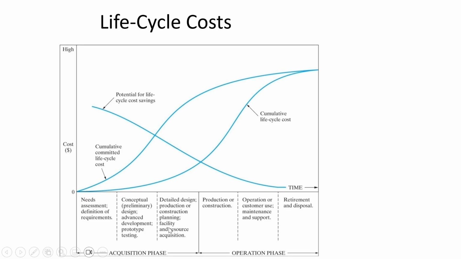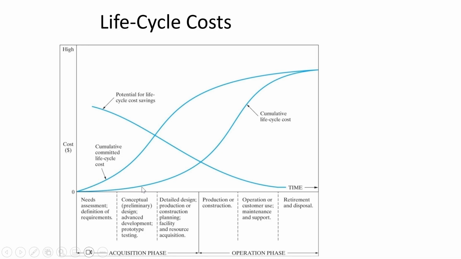So for example, during the needs assessment, if you decide on a 70,000 square foot building, you've already kind of committed yourself to certain costs. You maybe haven't spent the money yet, but you're committed once you've made the decision on how big the thing's going to be. So that is why the committed curve leads ahead of the actual cumulative life cycle cost curve.